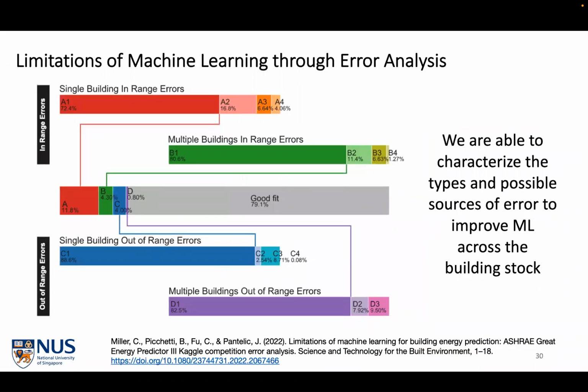Another cool study that we just published last year looked at the errors of the winning solutions. Where did the winning solutions not predict well? You see this bar chart as a breakdown of the classification of error, the aggregation of the classification of error. The winning solutions fit really well in about 80% of the data sets across these 1,600 buildings, but 20% was not so good.